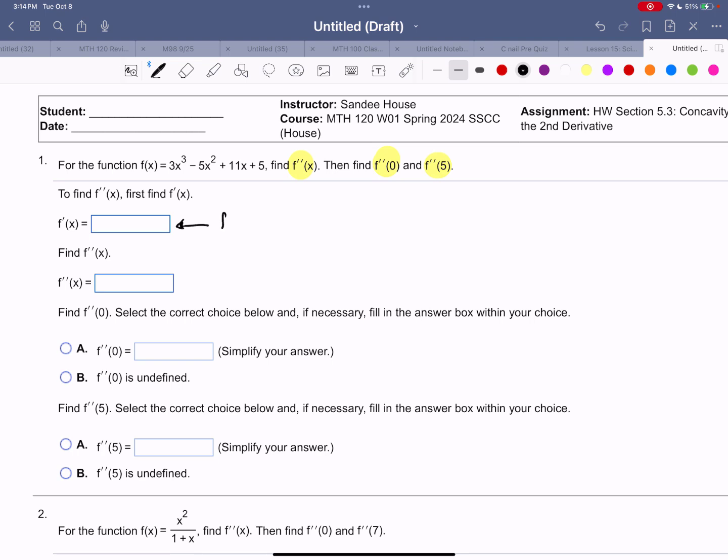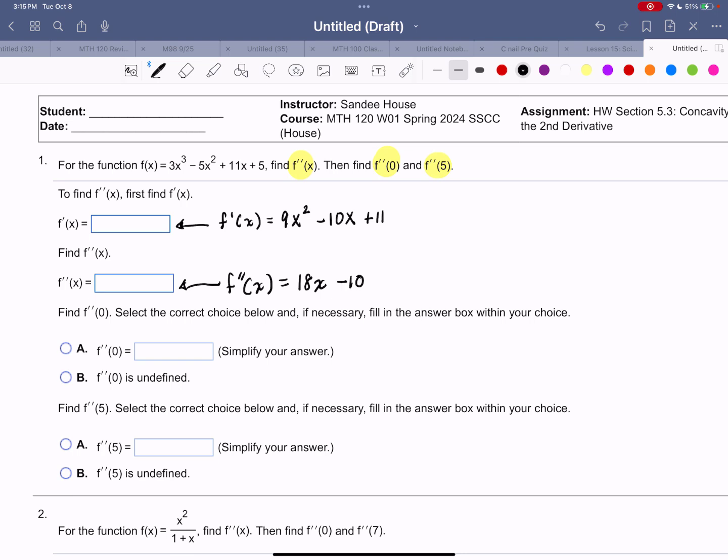So f prime of x, using our power rule, 9x squared minus 10x plus 11. So that means we want to take the second derivative. It's going to be 18x minus 10.